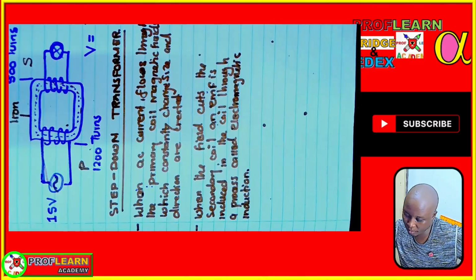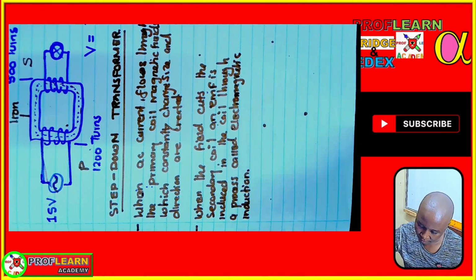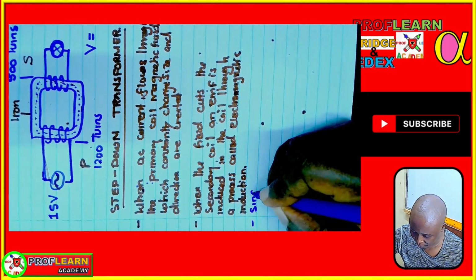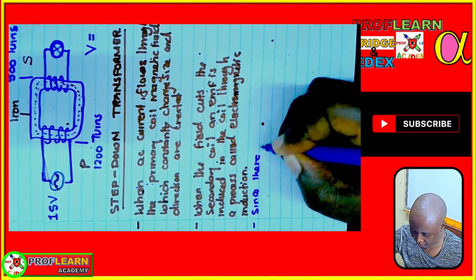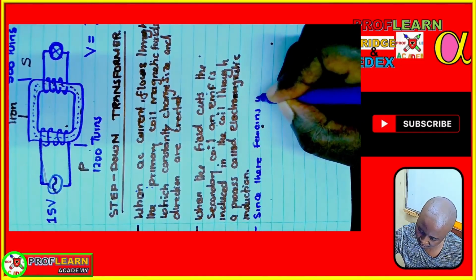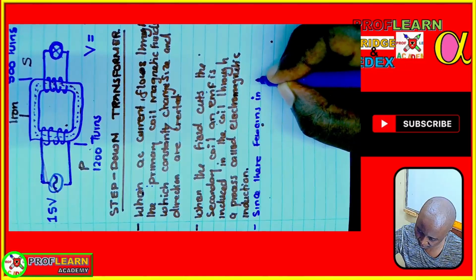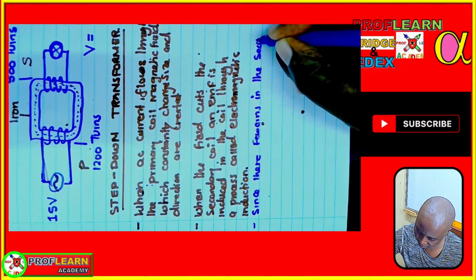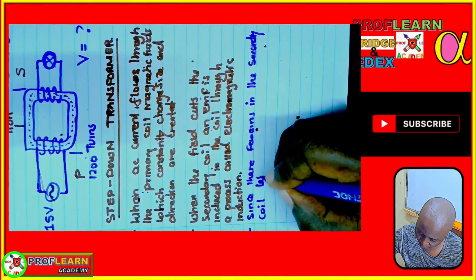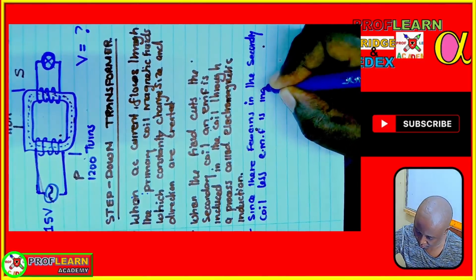So this alternating current has been created, and we need to remember that since there are fewer turns in the secondary coil, less EMF is induced.